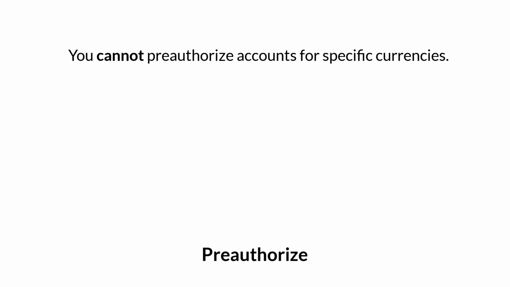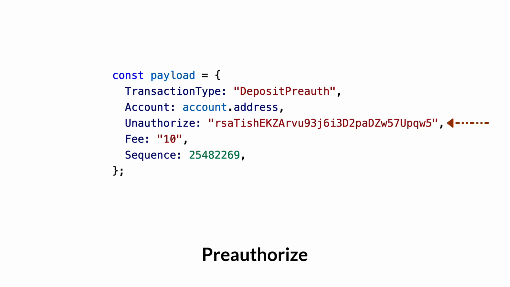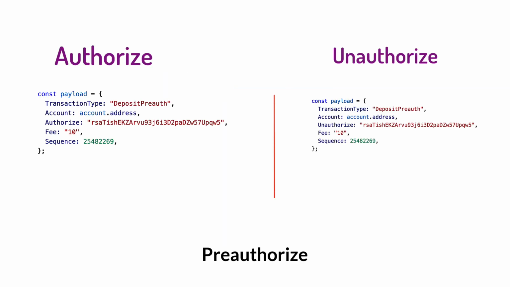So a quick recap of the things we learned. Preauthorization is currency agnostic, meaning you cannot pre-authorize accounts for specific currencies, okay? To pre-authorize a particular sender, send a DepositPreauth transaction and specify the R address you want to authorize in the authorize field. To revoke authorization, put the pre-authorized address in the unauthorize field, okay? That's the major difference, authorize and unauthorize.